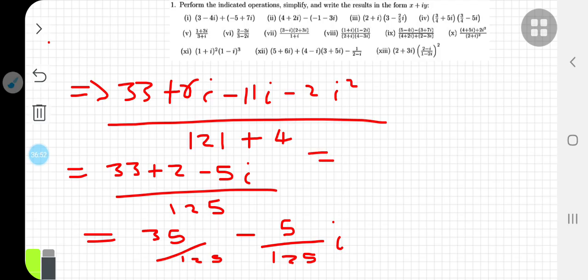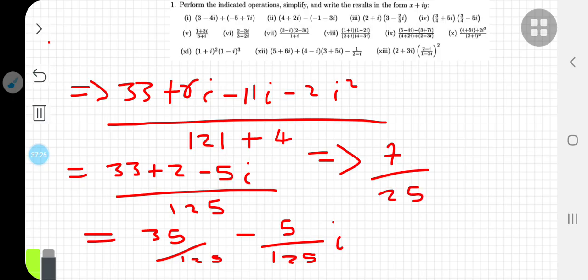But I can simplify this further. What is 35 into 125? I think that is 20. What is first, 5 into 35? That will just give me 7. And then 5 into 125, I think it will just give me 25.